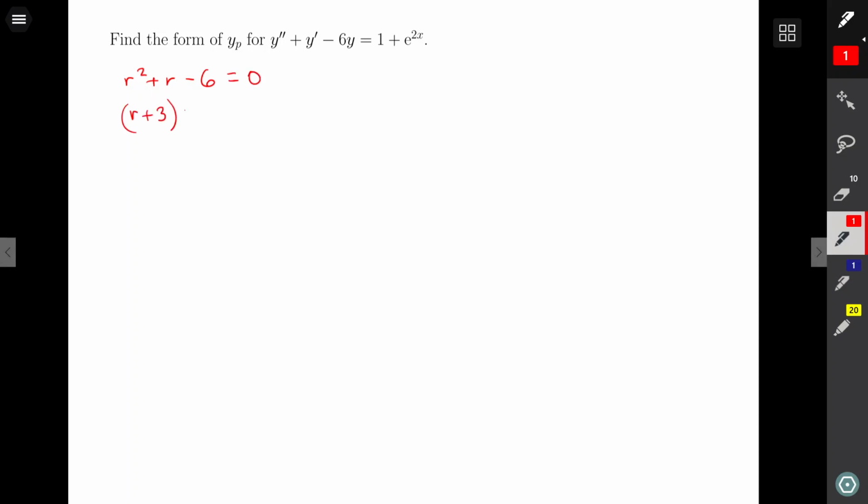And if my calculations are correct, this is r plus 3 times r minus 2. And you get that the roots are minus 3 and positive 2. And each of these has a multiplicity of 1 because of the linear factors that have an exponent of 1.